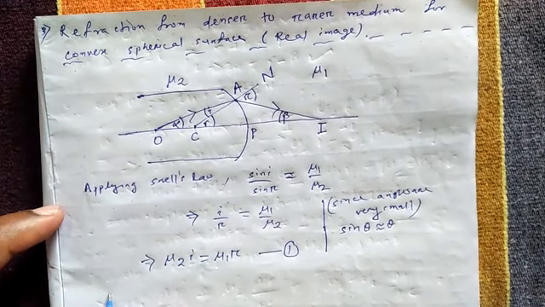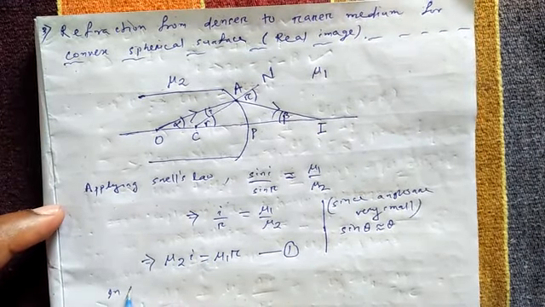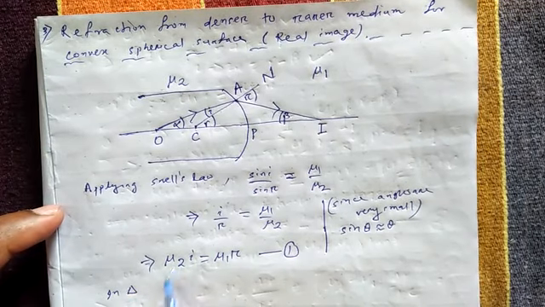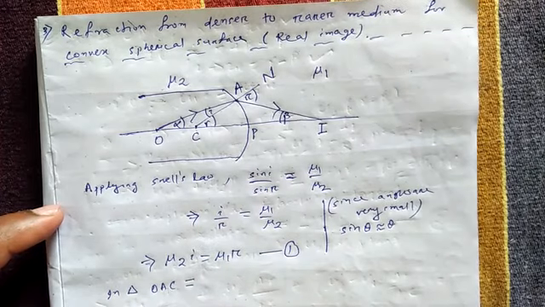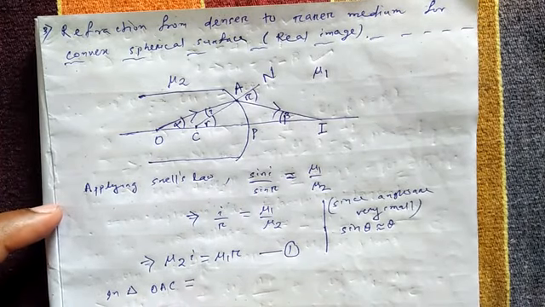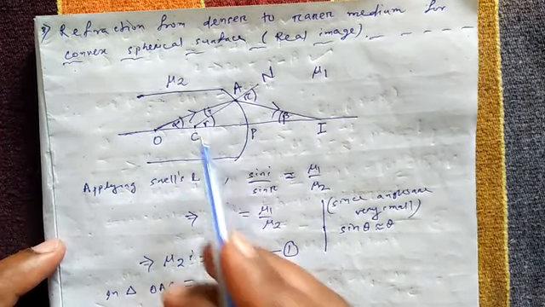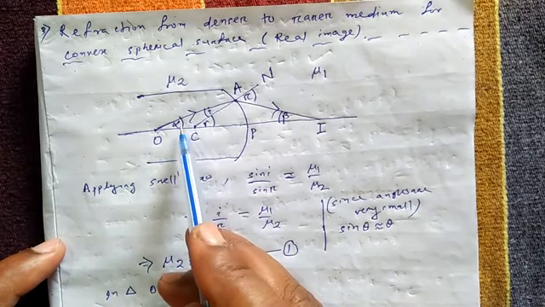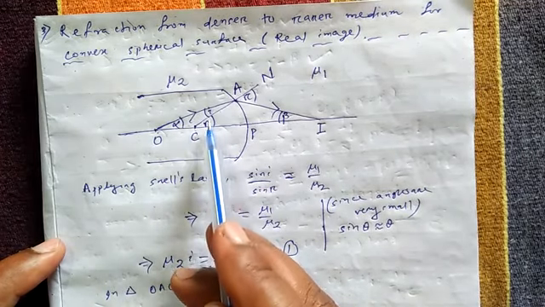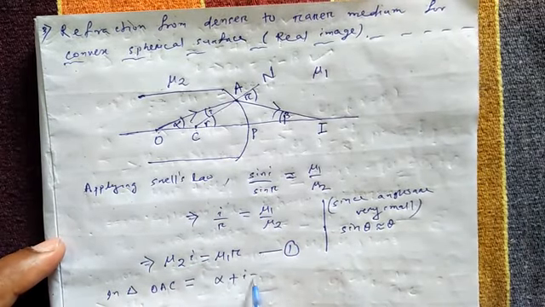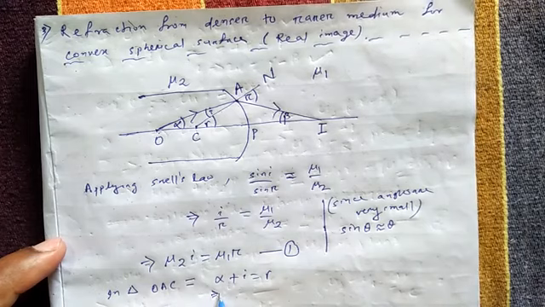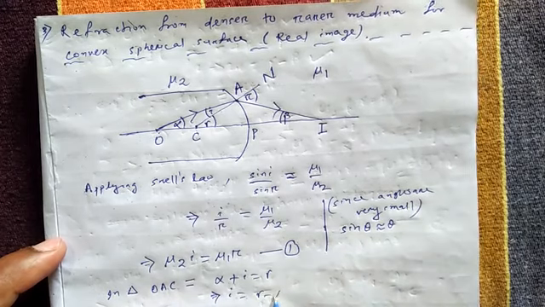In triangle OAC, we can write alpha plus I is equal to gamma. Alpha plus I is equal to gamma implies I is equal to gamma minus alpha.